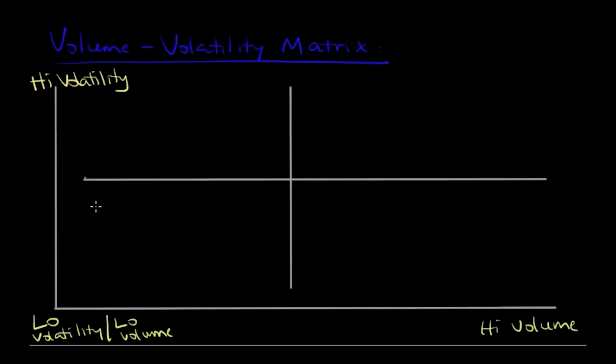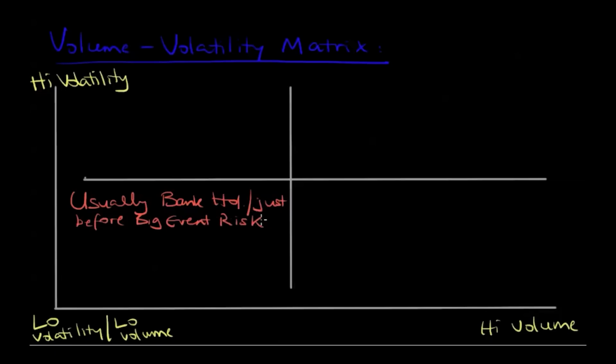So the low volume, low volatility part, usually you find these on bank holidays. So usually bank holidays, or just before big event risk.